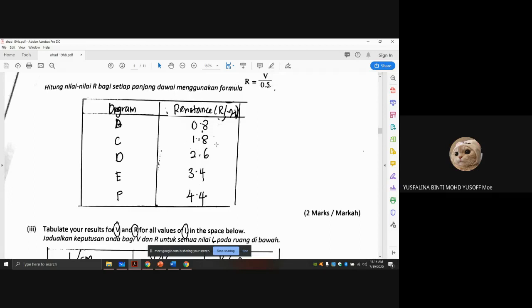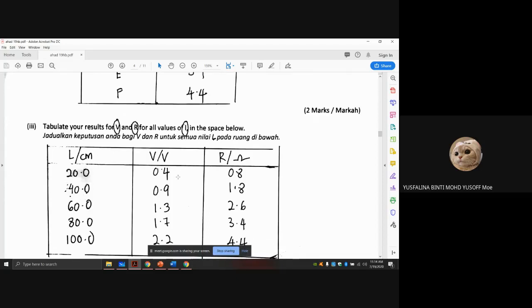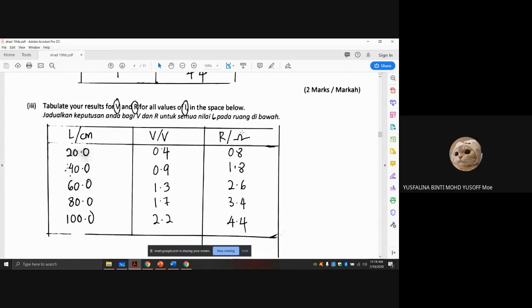Okay. So the next one is if you tabulate your result. So this one is the table. Make sure, the first mark is you must have the LVR here, means all the columns: it has 3 columns, length, voltage, and also resistance. The second one must have a unit.